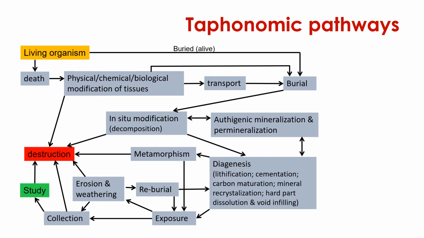Clearly, most taphonomic pathways end in the destruction of organisms and fossils. Most organisms do not become fossils, and most fossils are destroyed by decomposition, recrystallization, dissolution, diagenesis, metamorphism, and weathering and erosion.